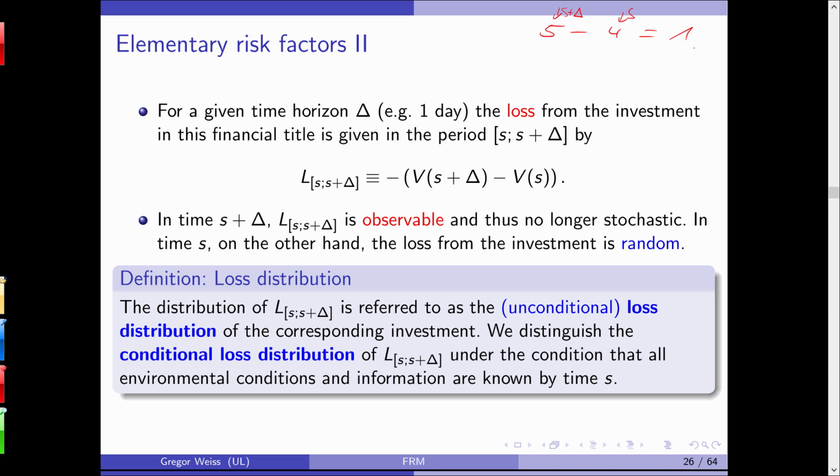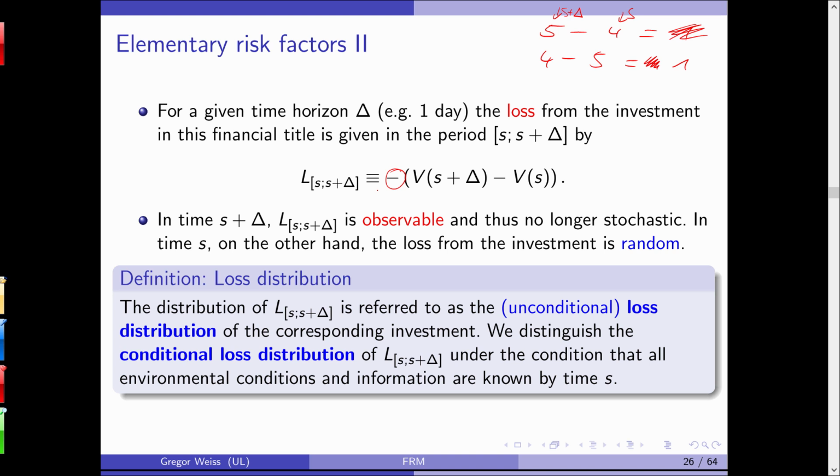But we want to model the losses, and I told you in the very first lecture, I think, that usually we neglect the profits, we only look at losses, and it is quite uncomfortable for us to deal with negative numbers all the time. So if this is a profit, we are not interested in it. And if it's a loss, we simply leave out the negative sign, we switch it. And this is why we have the negative difference of V(s+delta) minus V(s).